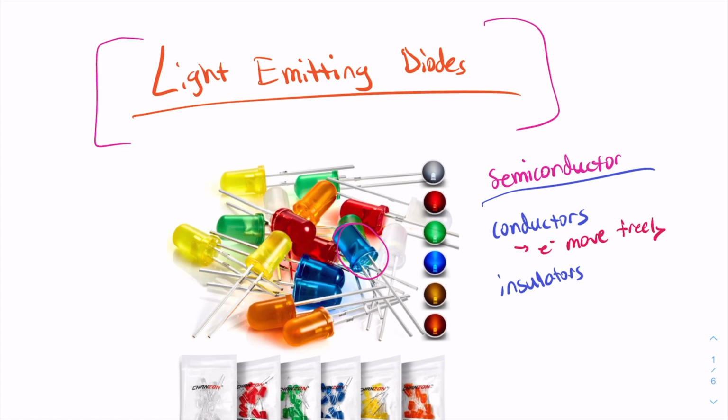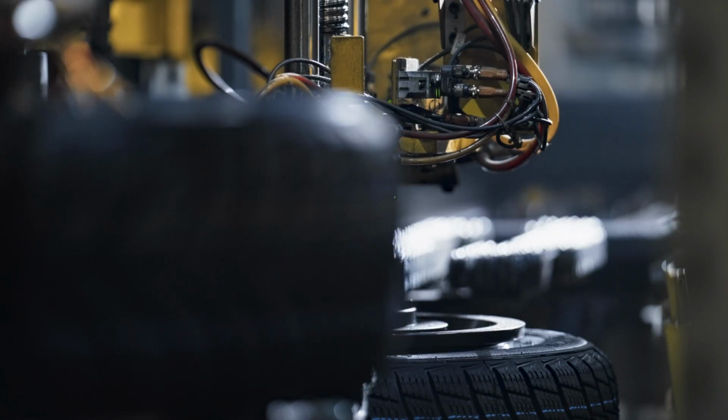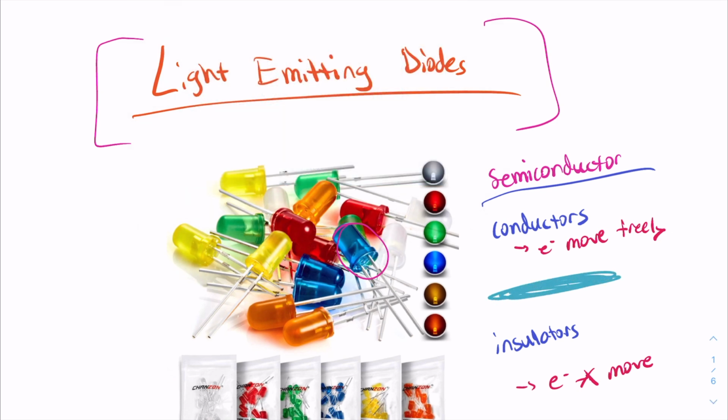An insulator is the opposite. Rubber is a good insulator. Electrons can't move freely. They can't move freely through the insulators. A semiconductor is this material that exists between these two states.